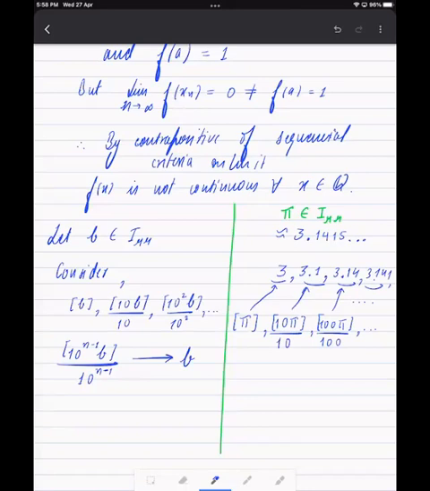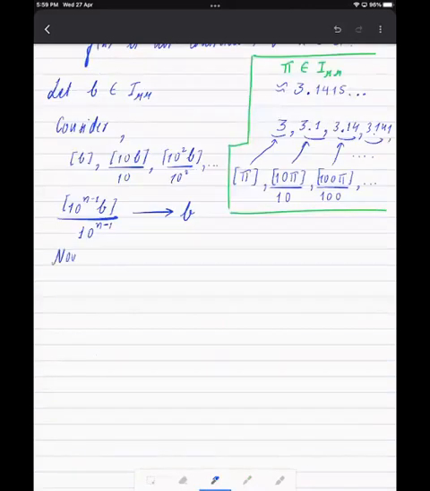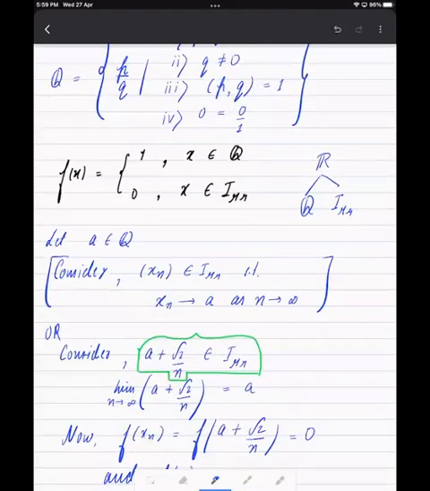Now all I have to take care about is f of this and f of b. For both the cases, you have the general sequence now. Let's talk about f of this term. This is definitely a rational number. For a rational number, my function is 1.